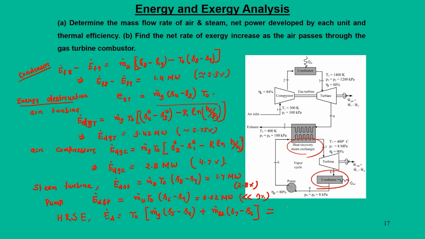This number is 3.7 megawatt, close to 6.2%. So, what we observed is that wherever the exergy comes in from the combustor, it is almost getting utilized, and the loss at all points is quite minimal, at a maximum of about 6%.